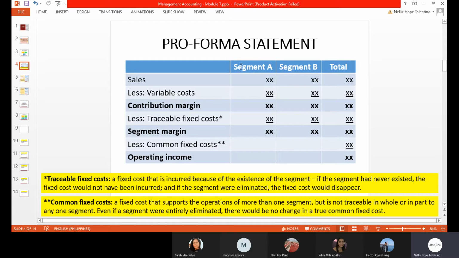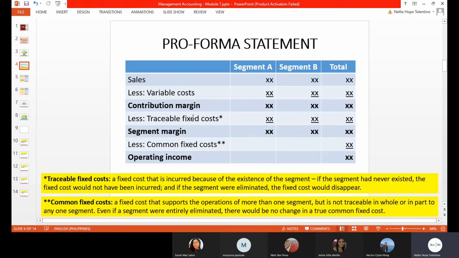For example, salary, monthly salary, kasi we're talking about fixed cost, right? Monthly salary of segment A manager. Halimbawa, may 20,000 siya na monthly salary. As long as nag-ooperate si segment A, definitely, babayaran mo yung manager because it's a fixed cost.